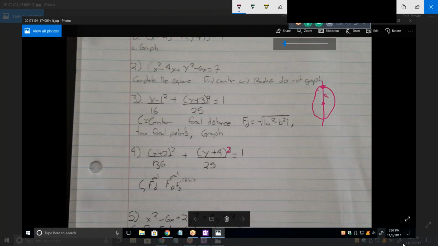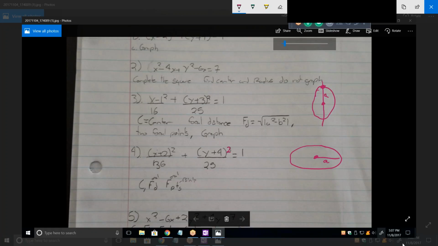In 4, it's a horizontal ellipse because the measurement of A is measured horizontally. The only reason you know which one is A is because A is always bigger than B. And if A is bigger than B, then A squared is bigger than B squared. Well, not always, actually. But yes, A is always bigger than B with ellipses.